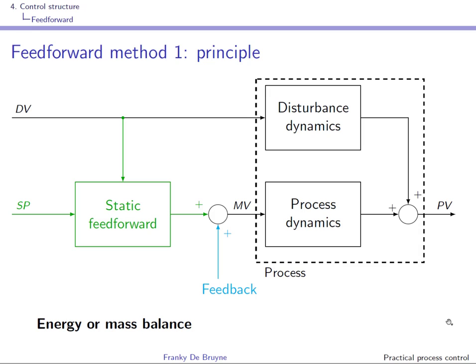This will often be done using an energy or mass balance. Instead of mass balance, you will find the name material balance. The feedforward will require, of course, the dVs, right, the disturbances, and the desired set point.